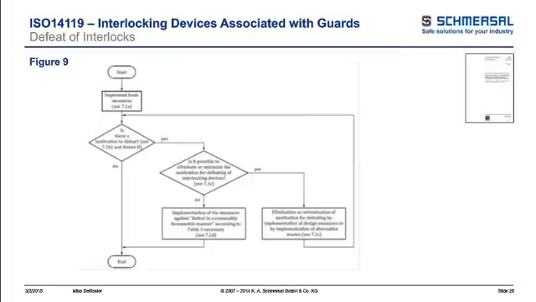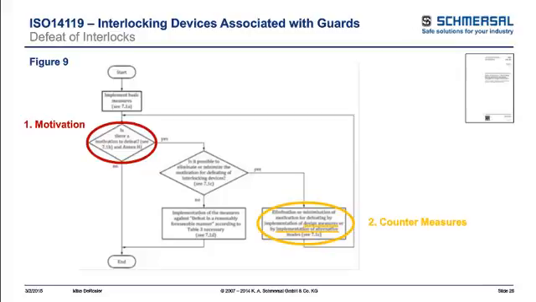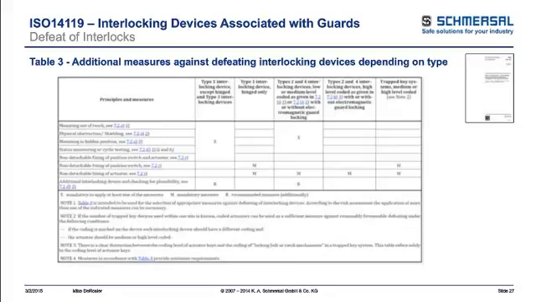Now, when we look through the steps: 1, do you have the motivation? 2, put your countermeasures in place. And 3, this is your last chance: if you can't put those countermeasures in place, what do you do from that point forward? So what the standard gives you is Table 3.